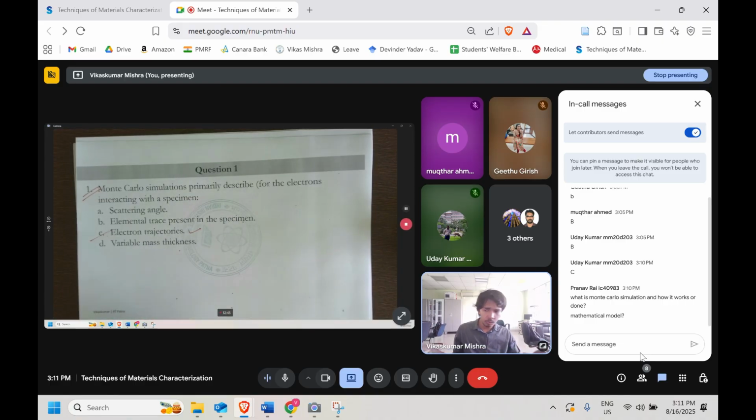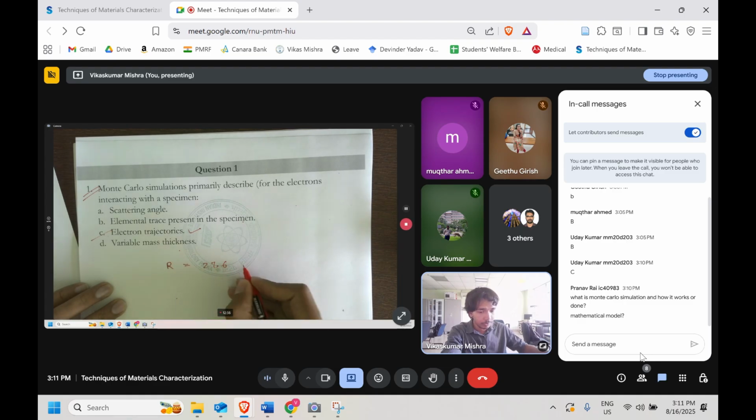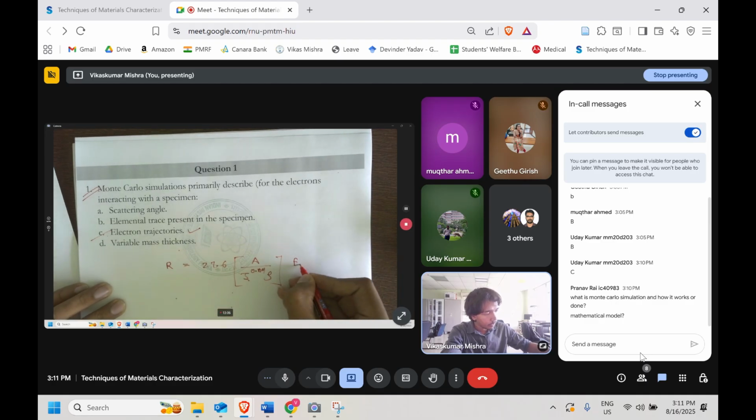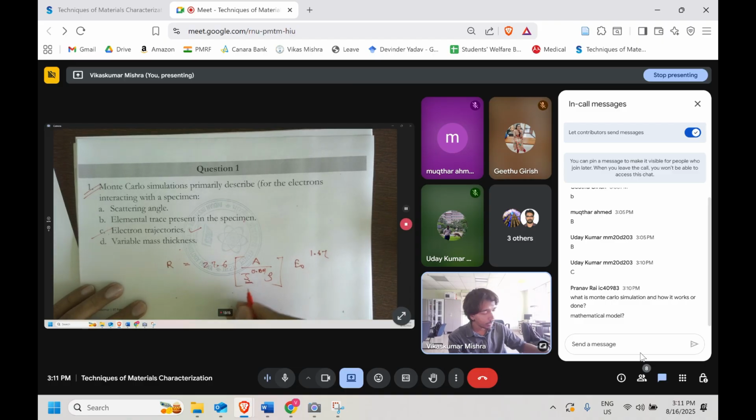The equation is given as, I will write it here: the radius of the interaction volume is 27.6 times A divided by Z^0.89 and density, multiplied by E0 to the power of 1.67. This is the entire model which they came up with, where Z is the atomic number.